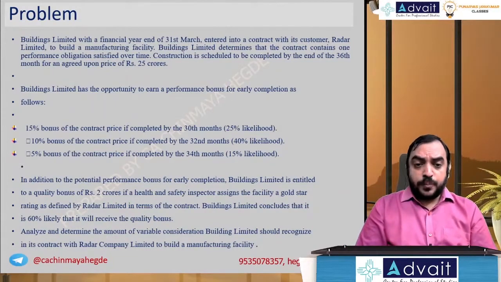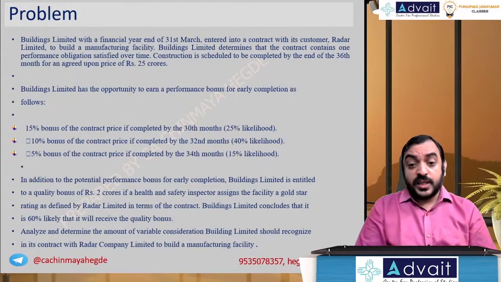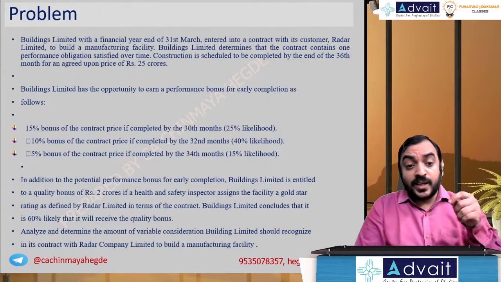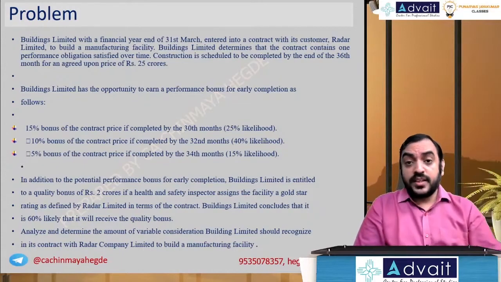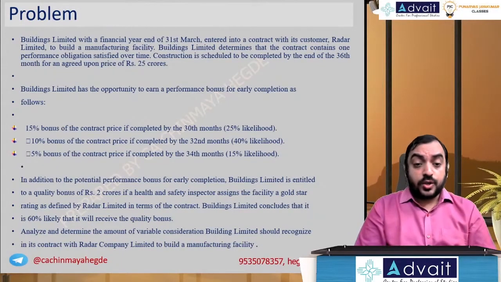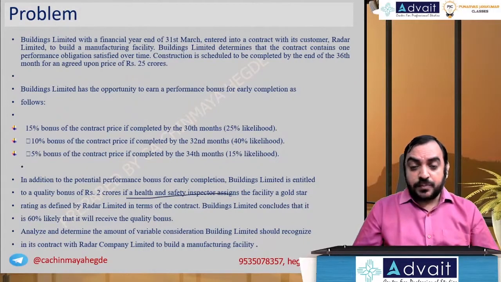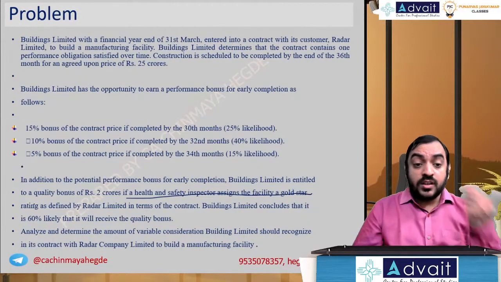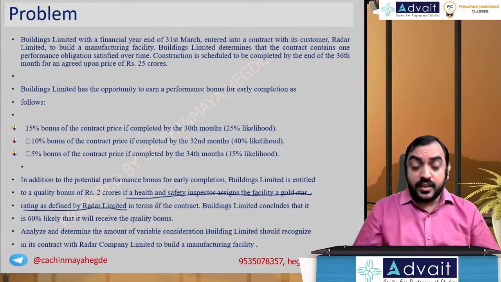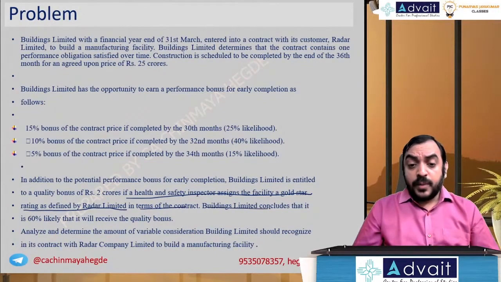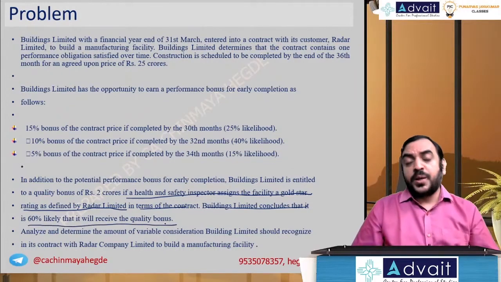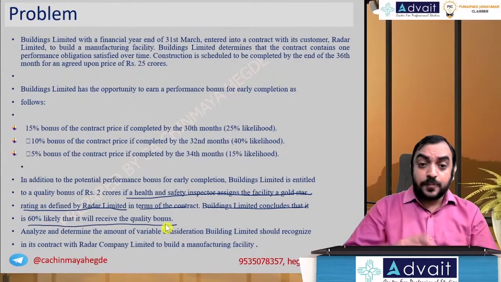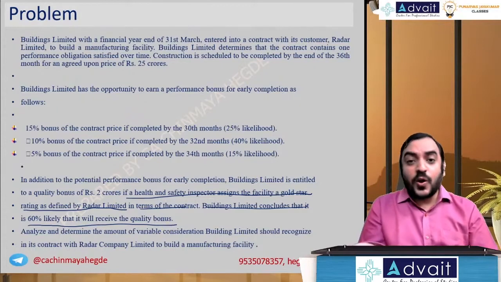In addition to the potential performance bonus for early completion, Buildings Limited is entitled to a quality bonus. One more variable consideration, of 2 crores, if the Health and Safety Inspector assigns the facility a golden star rating as defined by the customer in the contract. Buildings Limited concludes that it is 60% likely to receive the quality bonus, and the balance 40% it will not receive.